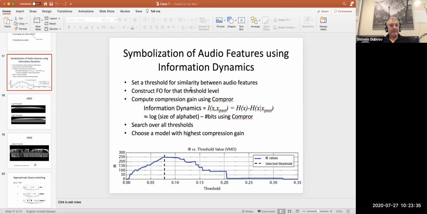Now, I'll mention a little bit about this also in my next set of slides, but I hope this answers this notion of the trade-off between looking for structure in time versus the amount of detail, or the precision with which you describe every instance.